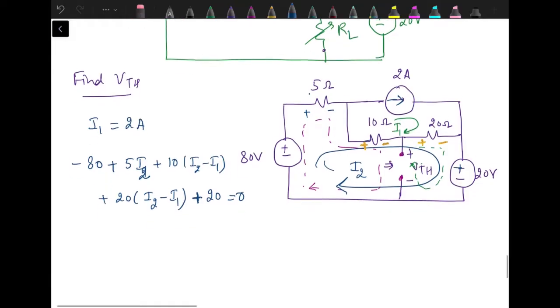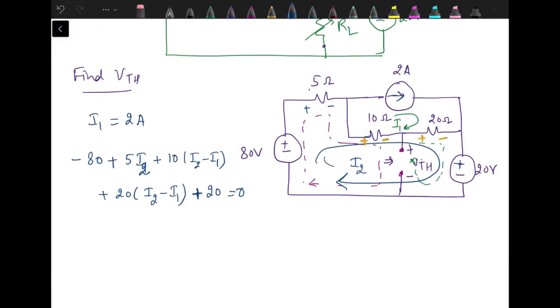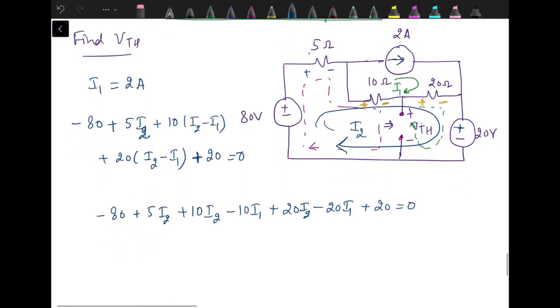Now in this equation, we need to use the value of I1 as 2 ampere. So minus 80 plus 5 I2 plus 10 I2 minus 10 I1 plus 20 I2 minus 20 I1 plus 20 equal to 0. Minus 60 on this side, it will become plus 60.